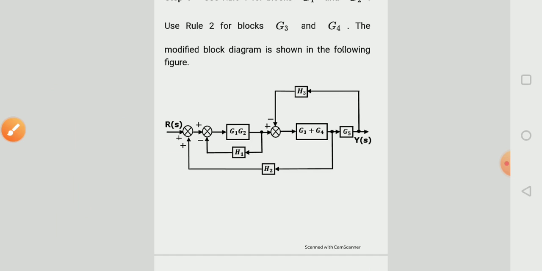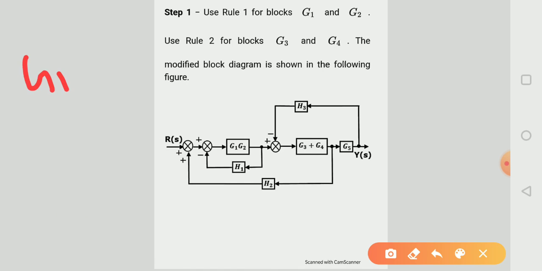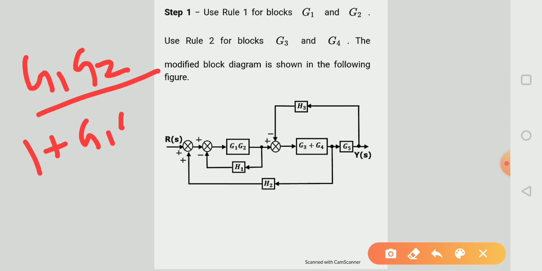Here the gain is G1 into G2, so we can write G1 G2 upon 1 plus G1 G2 into H1, as the feedback is H1. So the resultant for this loop is G1 G2 upon 1 plus G1 G2 H1.